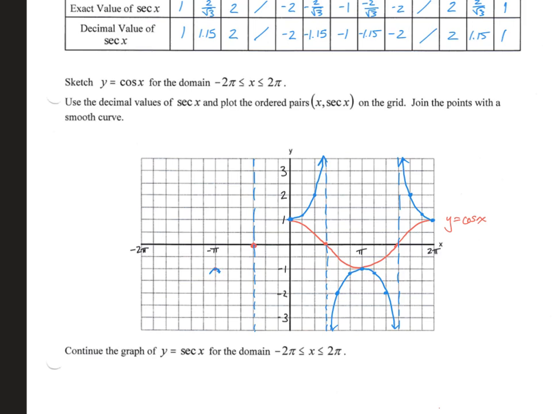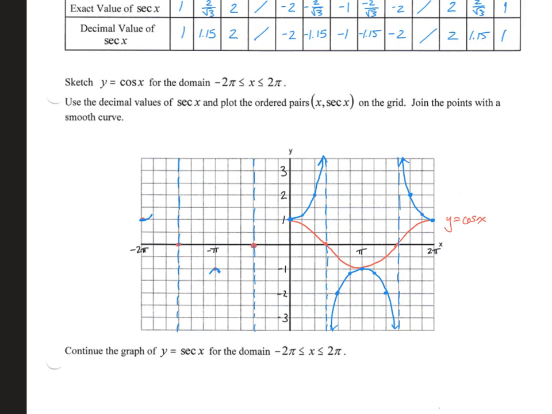We would then come up and hit a 0 at negative 3 pi by 2, which tells us that we have an asymptote. And we would then come back up and hit a max at negative 2 pi, which tells us we have a min. Okay, now we should be able to fill in knowing what we know about what each branch looks like.